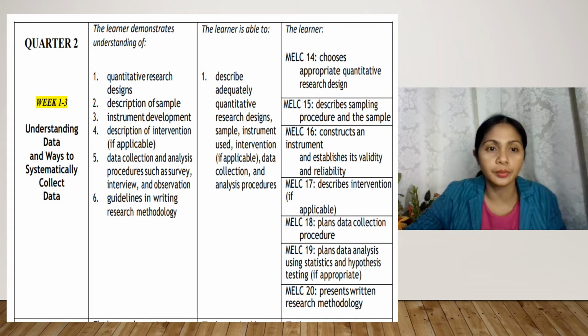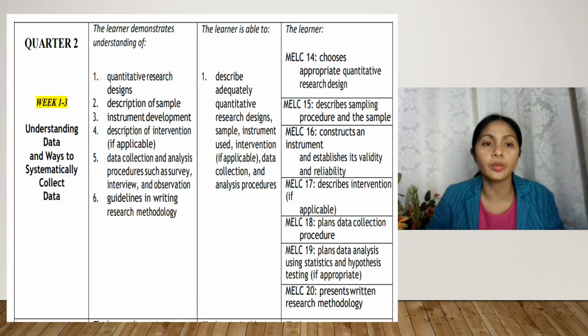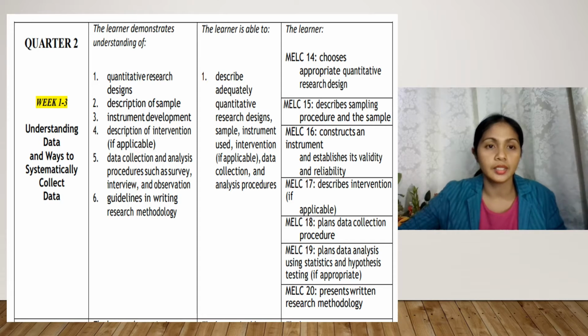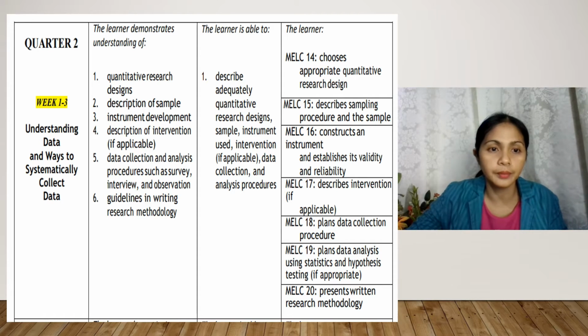For quarter 2, starting from week 1 to 3, the topic would be along understanding data and ways to systematically collect data. There are many MELCs falling under this topic: 1, 2, 3, 4, 5, 6, 7.